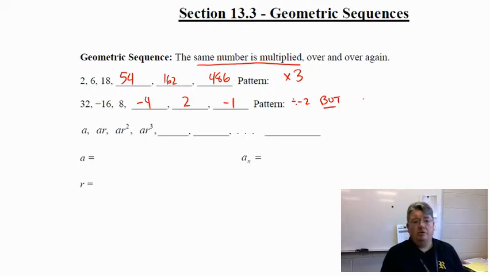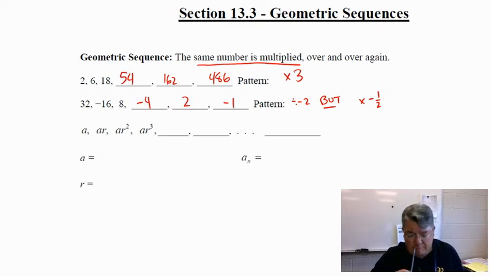Dividing by a negative 2 is the same as multiplying by a negative 1/2. So sometimes these sequences, if they alternate positive, negative, it's going to be a negative that is being multiplied by. And if it's getting smaller, think of it as multiplying by some number that's smaller than 1, okay?